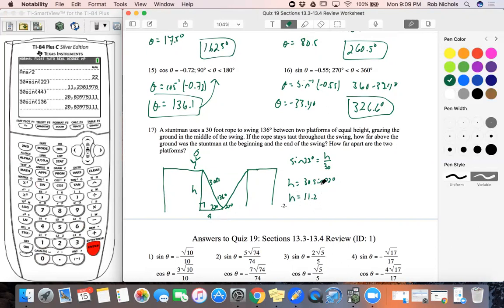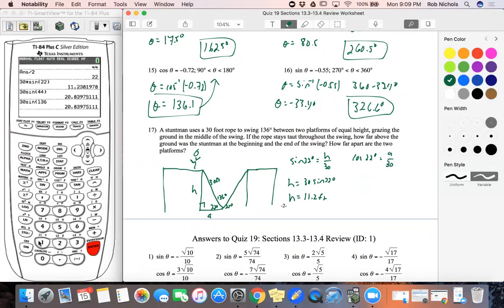Well, I'm thinking 11.2 might be the answer here, the way I drew the picture. Let's do it that way. Okay, so that's your height. And then let's look at A. So A is going to be the cosine of 22 degrees equals the adjacent over the hypotenuse.